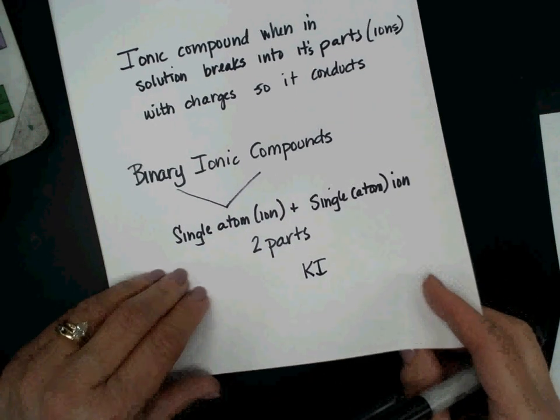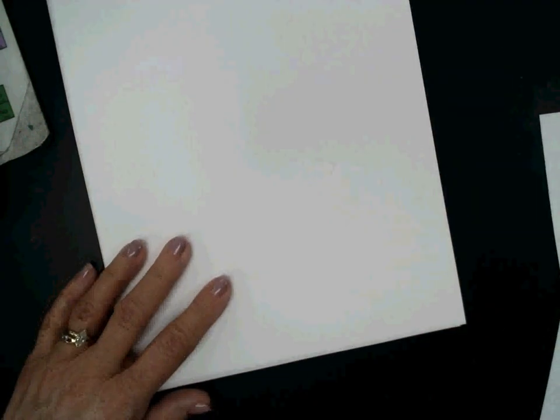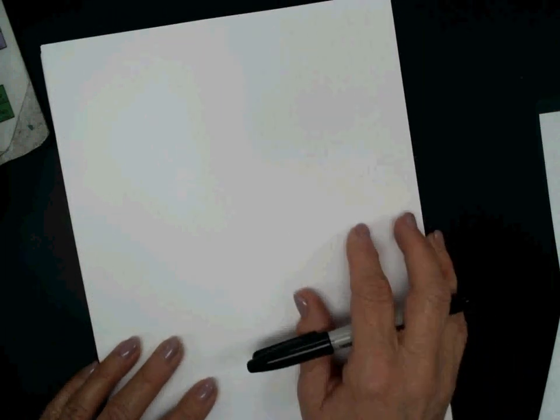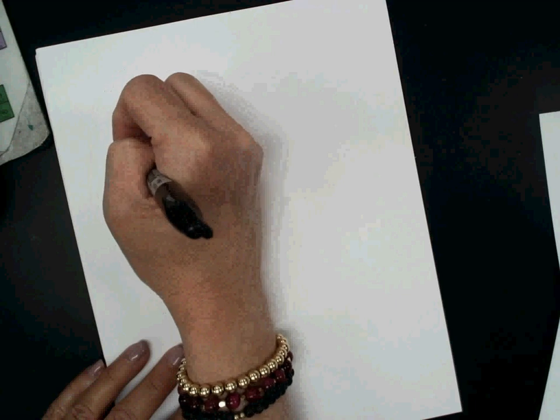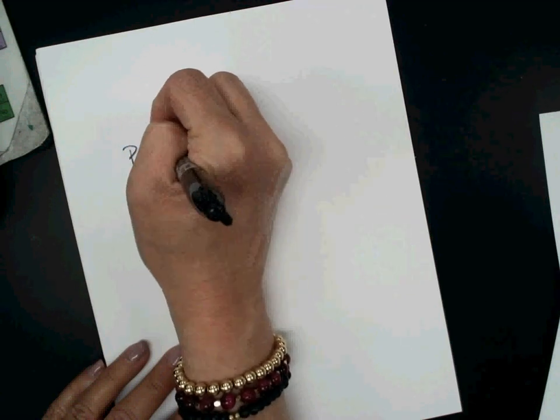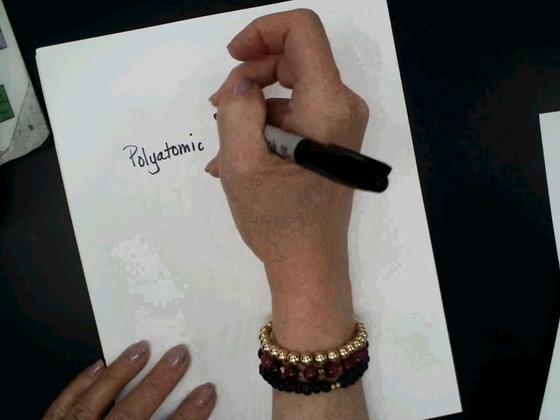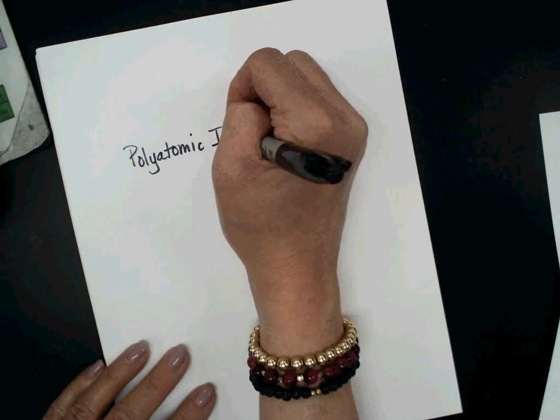So today we're going to work with not binaries. They're more than that. That's why they're called polyatomic. Poly means many. Polyatomic ionic compounds.